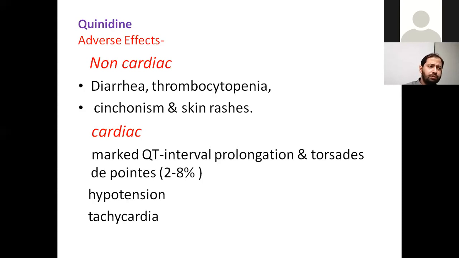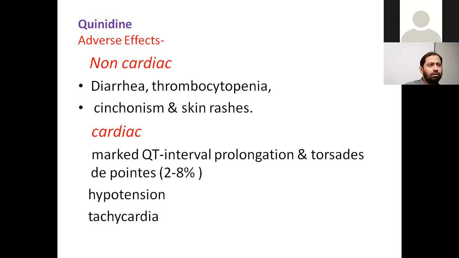Quinidine will be producing marked QT interval prolongation as well as torsades de pointes. What is torsades de pointes? It is a type of ventricular tachyarrhythmia in which the QRS complex is affected, there is a twisting of the QRS complex, and the amplitude of the QRS complex is altered.